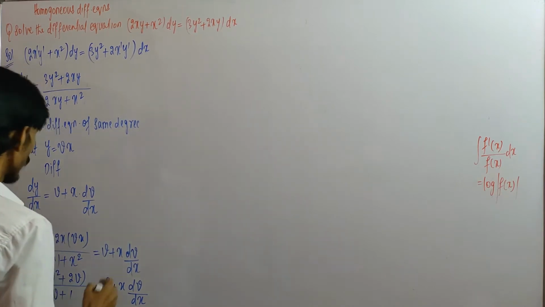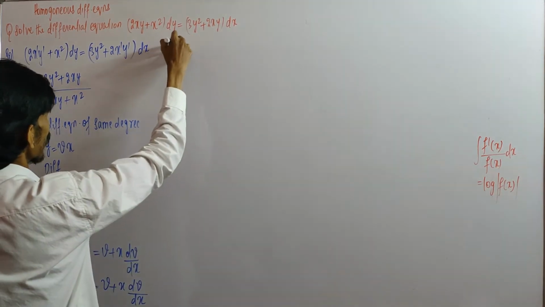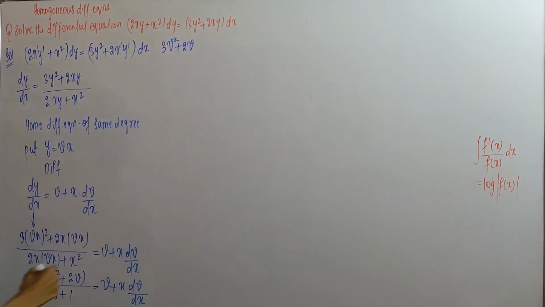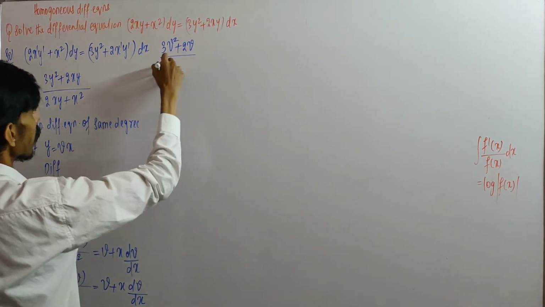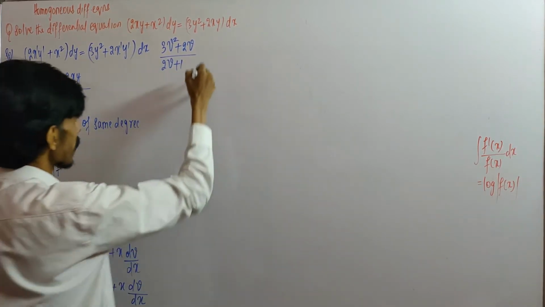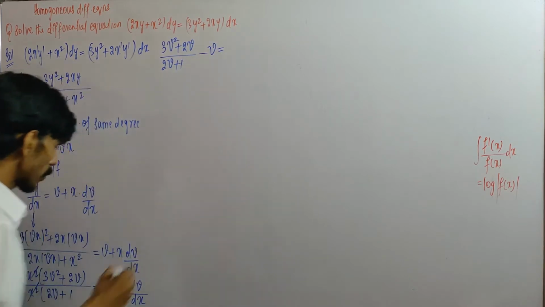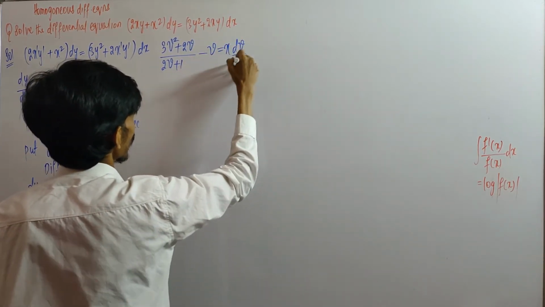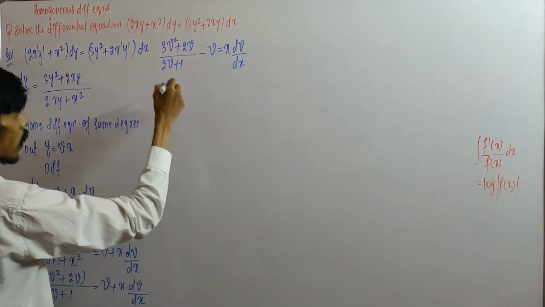Now let me write down here. We have 3v square plus 2v upon 2v plus 1. Take this v this side. Here we have minus v is equal to x dv by dx. Now take LCM.